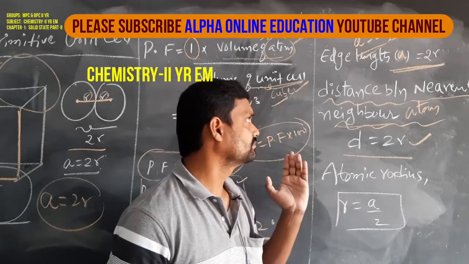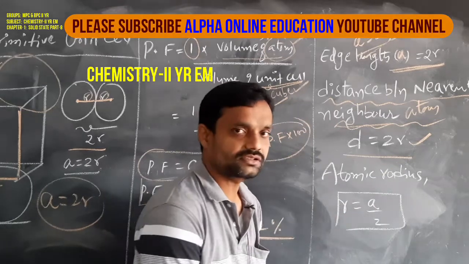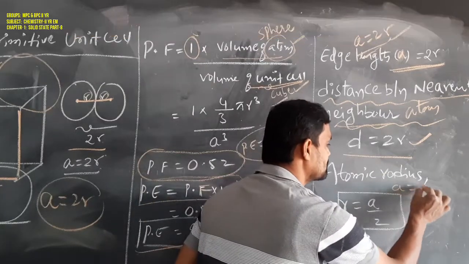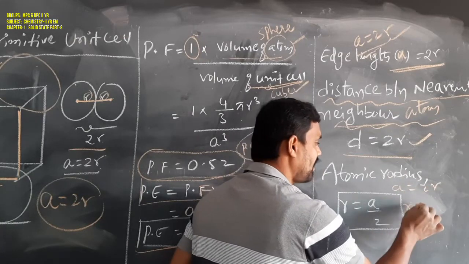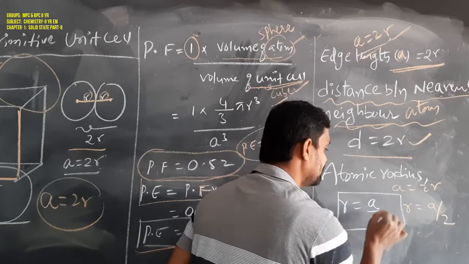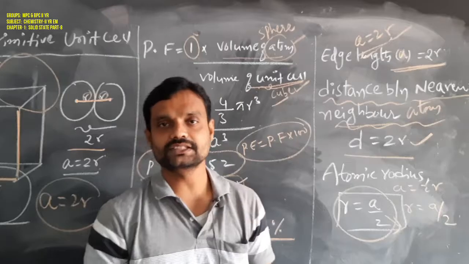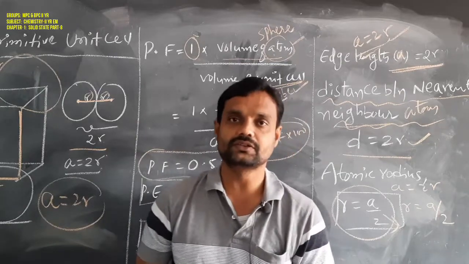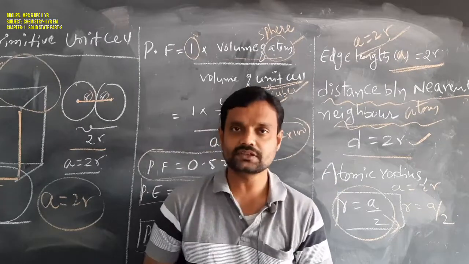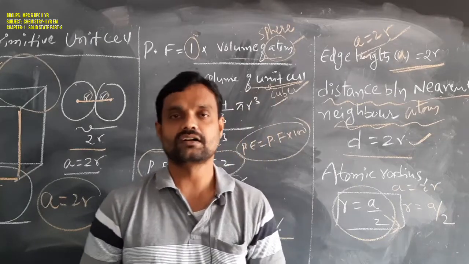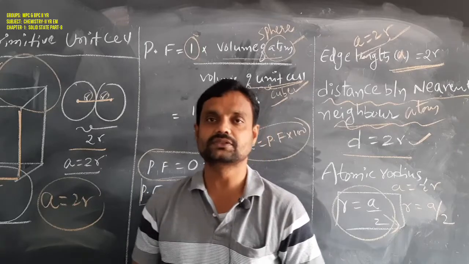For that, the atomic radius r is equal to a by 2, because a is equal to 2r. These are the formulas used for mathematical problems in the case of the simple or primitive unit cell.